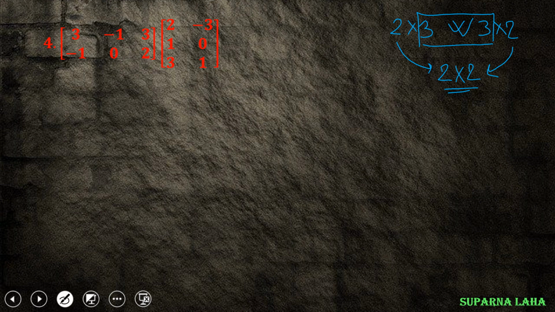Clear? Now let's multiply. Firstly we need to multiply first row with first column, that is 3 into 2 plus minus 1 into 1 plus 3 into 3.